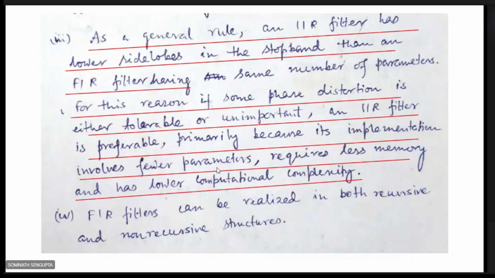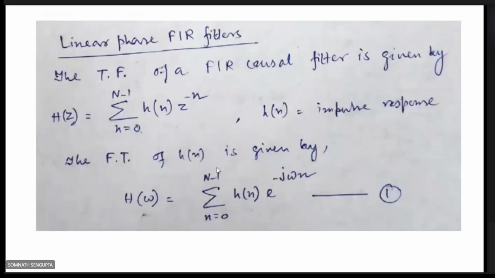Then I will explain how linear phase is achieved using FIR filters. For the FIR filter technique, first we will see the basic mathematics, and next we will see how the filter would be implemented. There are methods like the windowing technique.